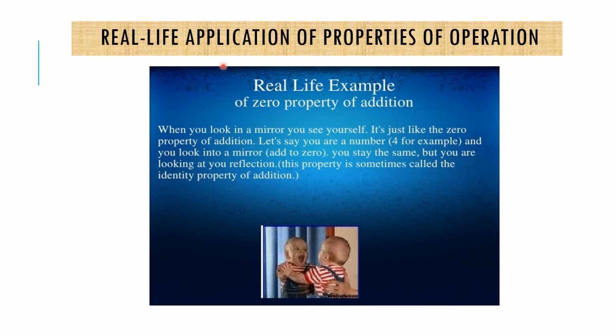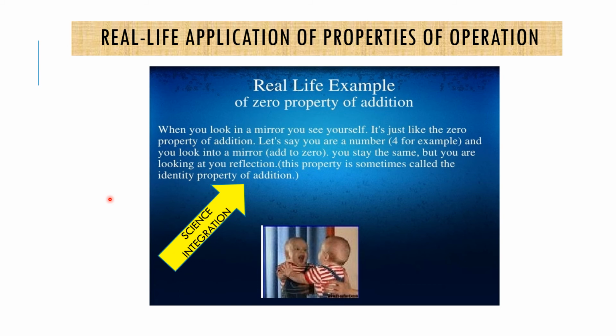We have the real-life application of properties of operation. When you look in a mirror, you see yourself. It's just like the zero property of addition. Let's say you are a number and you look into a mirror. Add zero, you stay the same, but you are looking at your reflection.